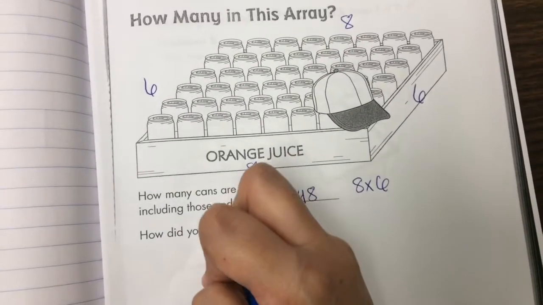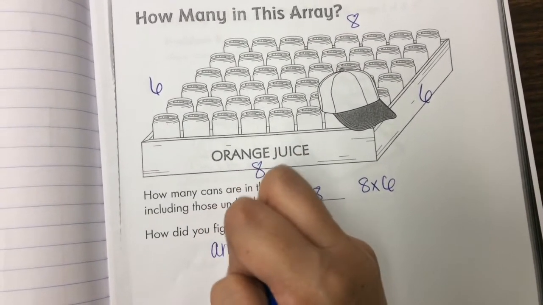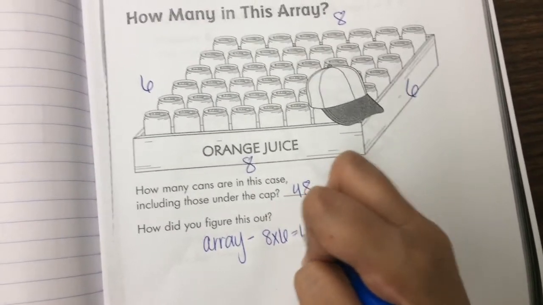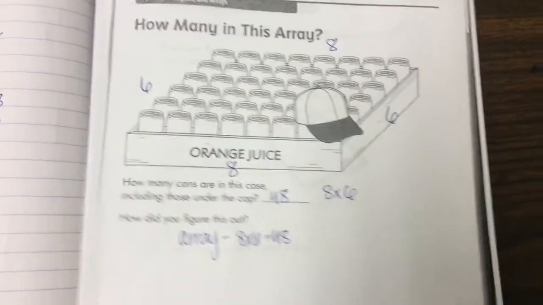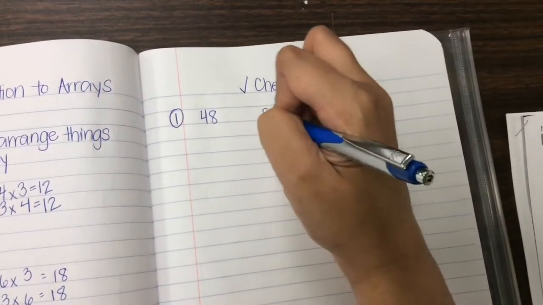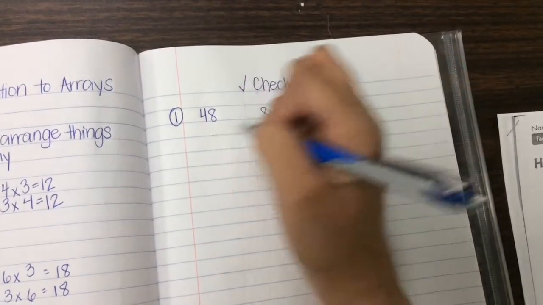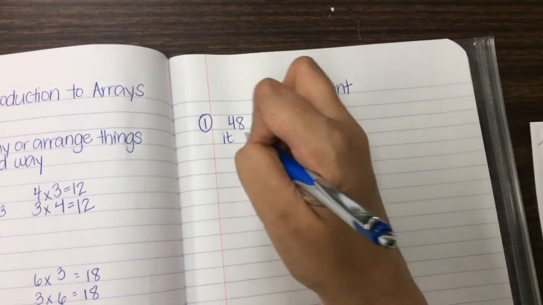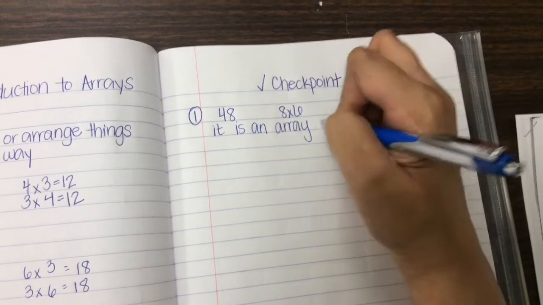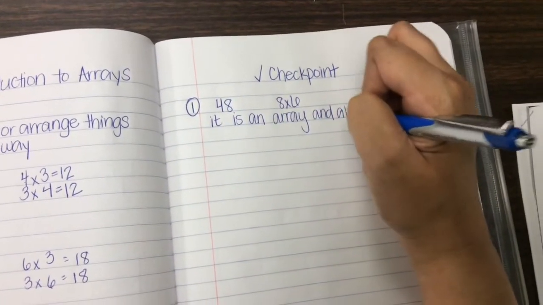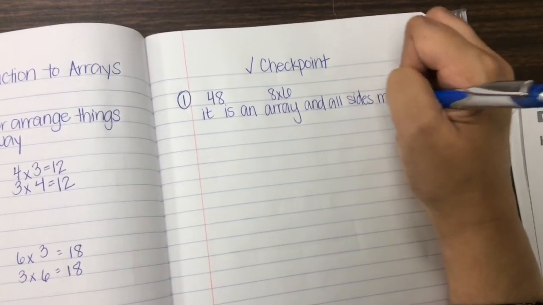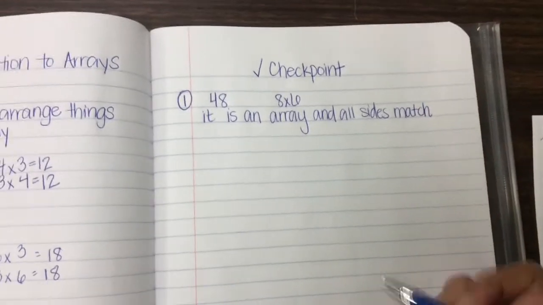How did I figure it out? It's an array. It's an 8 by 6. Therefore, there's 48. So in my journal, I would write my answer, and I would say 8 by 6. And I can explain it is an array, and all sides match, or some kind of explanation why.